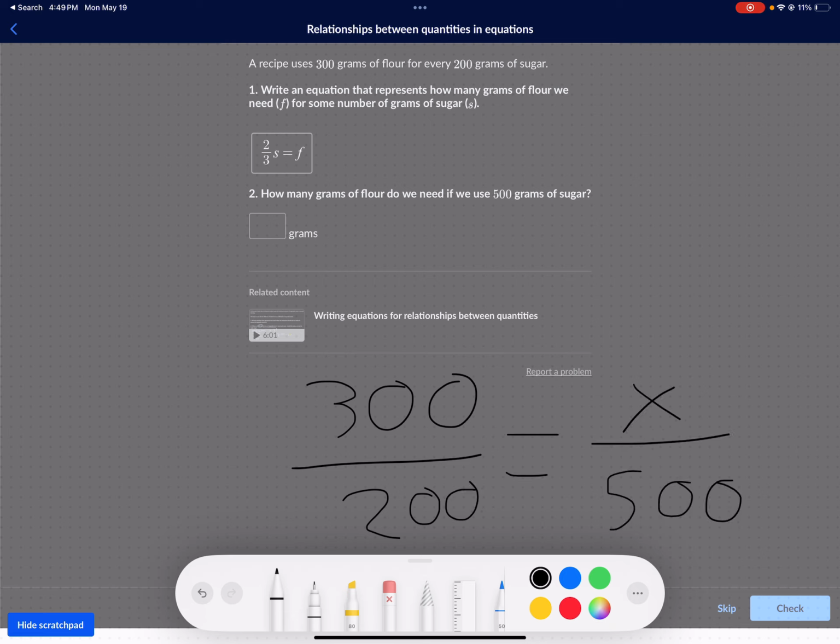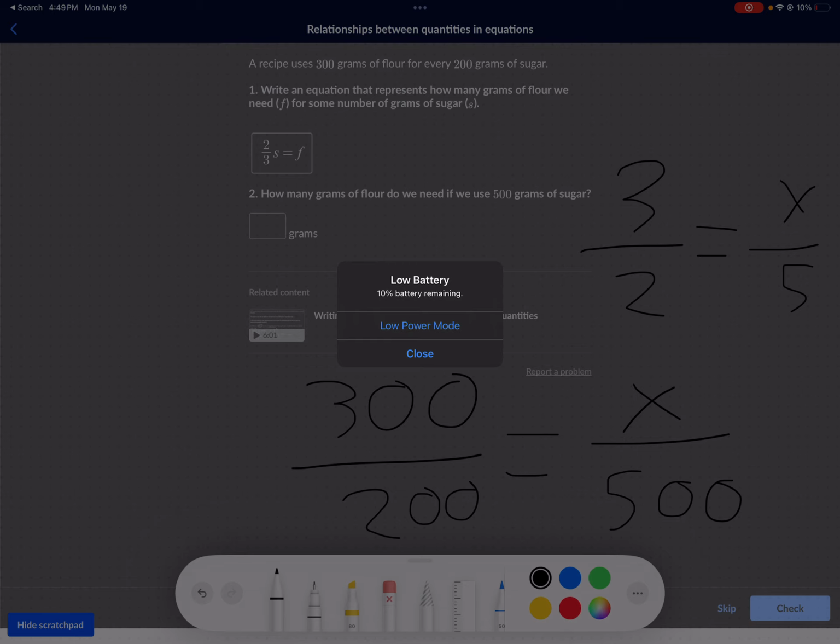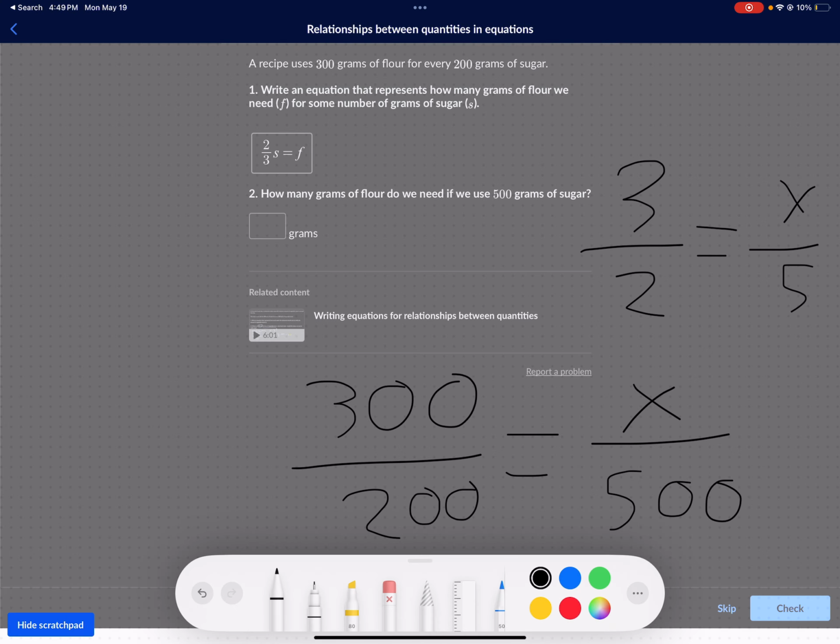We have to cross multiply. So first, let's go ahead and reduce. So let's do 3/2 is equal to x over 500. And then we do 2x equal to 1500. X is equal to 750. So we know we have to plug that in for the flour when we're given that much sugar. So 3/2 times 500 is 750.